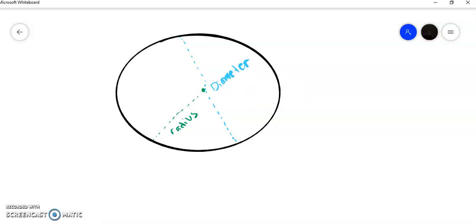Okay? And the radius is always half of your diameter. So again, if you have your radius, and the radius is 5, then the diameter would have to be twice that, which is 10. 5 times 2 is 10.